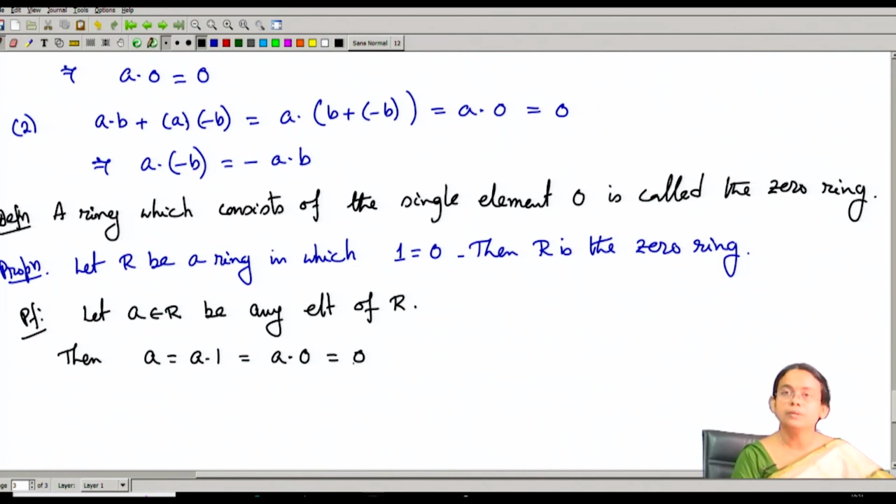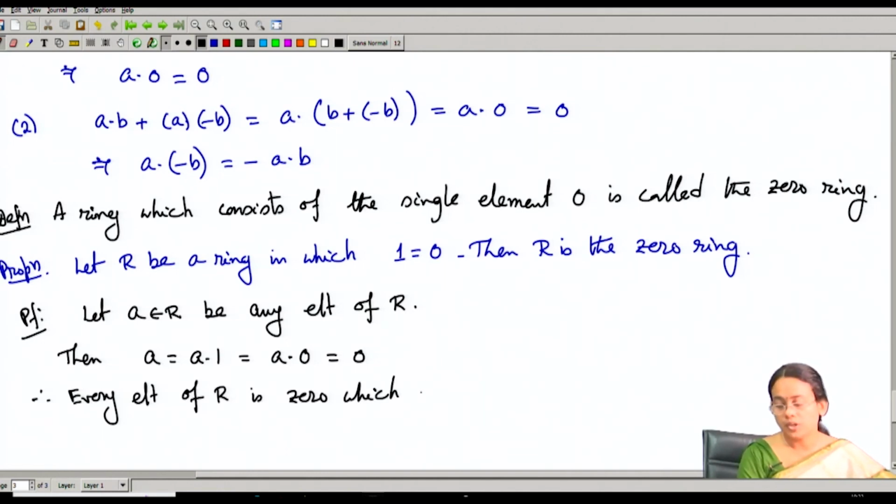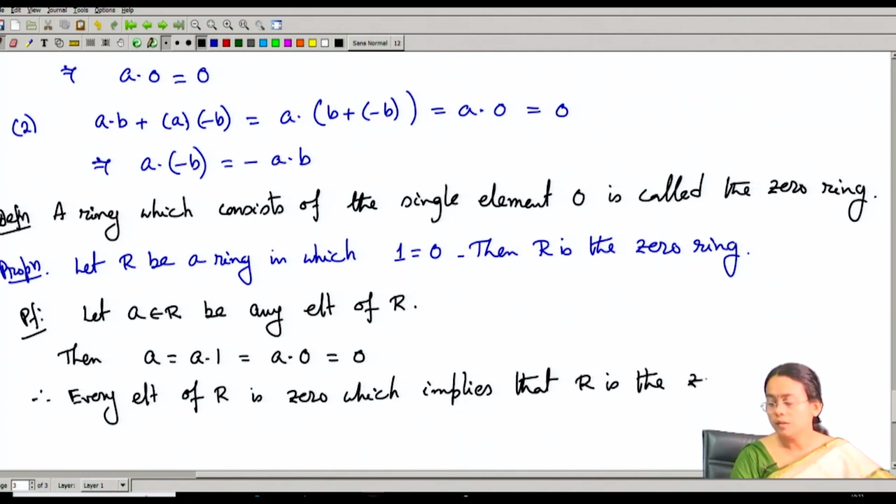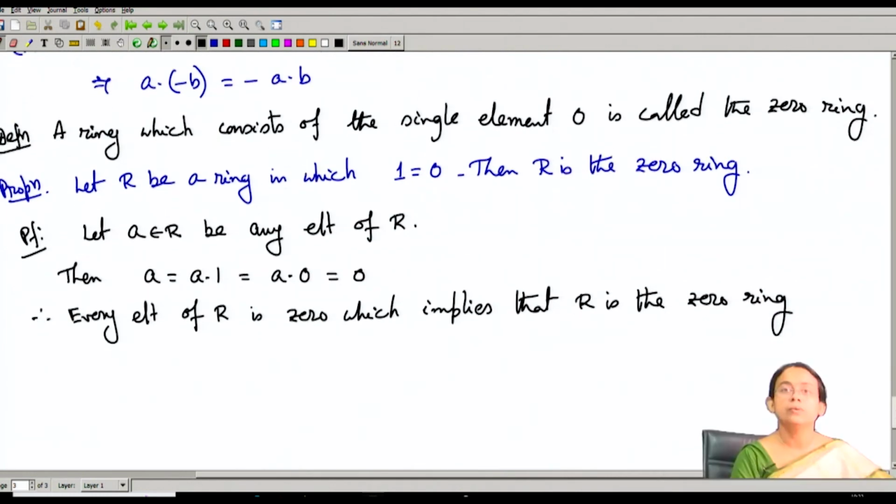That means every element of R is 0, which implies that R is the 0 ring. So we have seen that if you have a ring where the multiplicative identity is the same as the additive identity, then it is in fact the 0 ring.